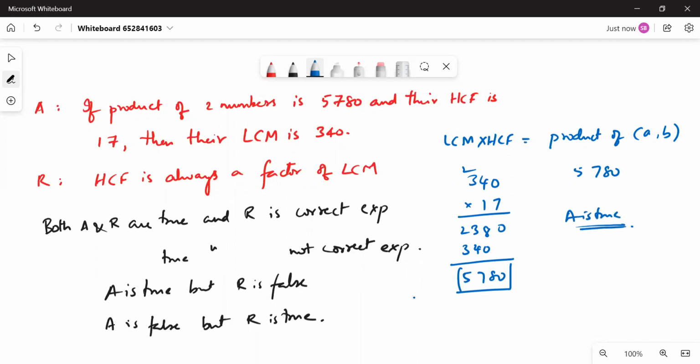And if you observe here, HCF is always a factor of LCM. That need not be true in all the cases. Okay, sir. The answer will be the second option. Both A and R are true, and R is not the correct explanation. Okay, sir.